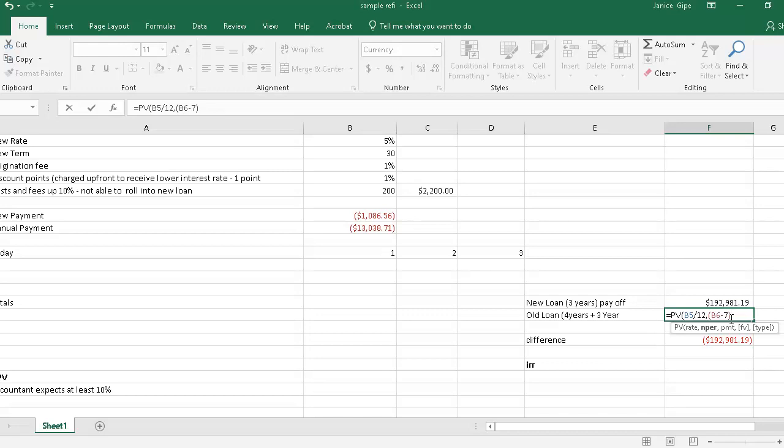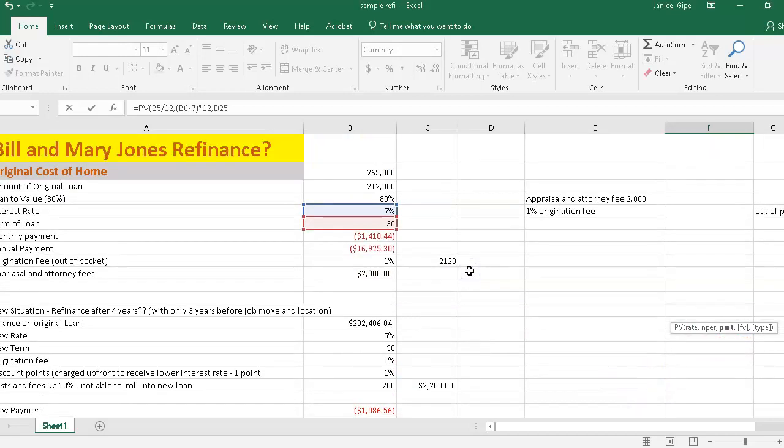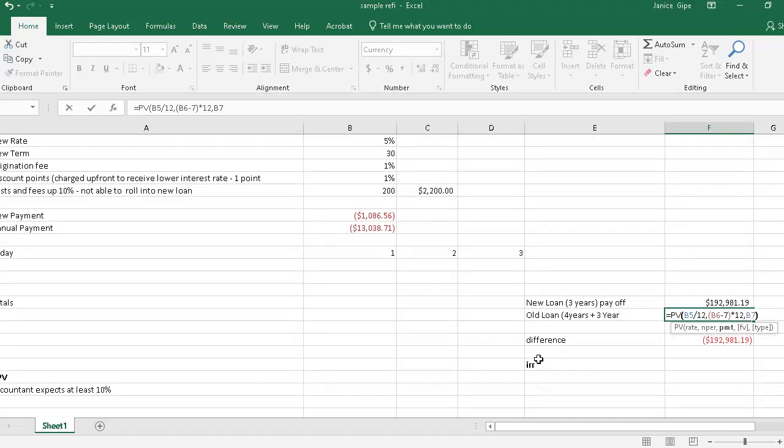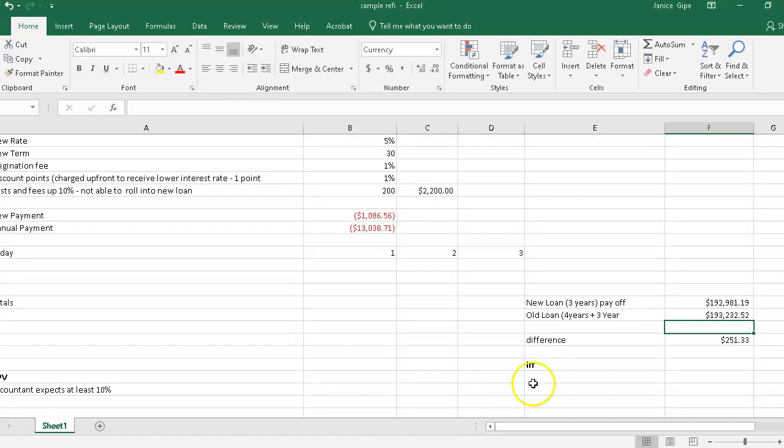And this is times 12, and then we have to take the payment amount that you originally had. So the old loan payoff in 7 years would be $193,232.52.